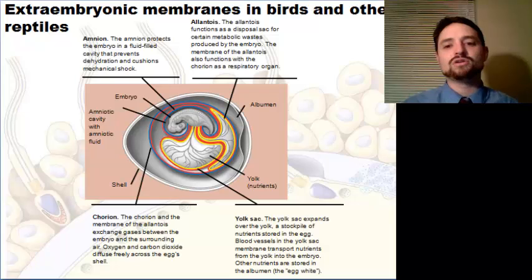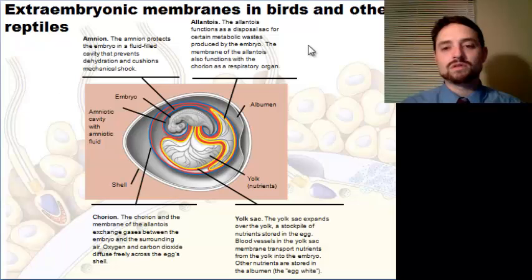So when you look at that here, you can see those areas that are highlighted, and you might not be able to read those words, but you can go to your book and use that as a resource to help understand all of these. I'm going to just go through them real quick. The amnion protects the embryo in a fluid-filled cavity that prevents dehydration and cushions mechanical shock.